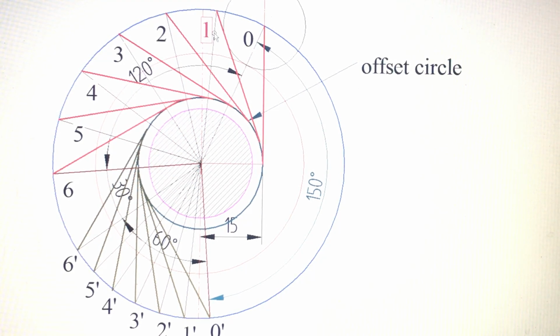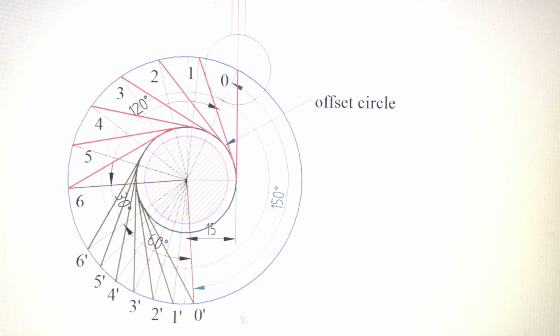Likewise 1 to offset circle, 2 to offset circle, 3 to offset circle, from 4 a tangential line, from 5 a tangential line. Likewise from each point you draw tangential lines like this for angle of rise as well as angle of return. I hope you understood.